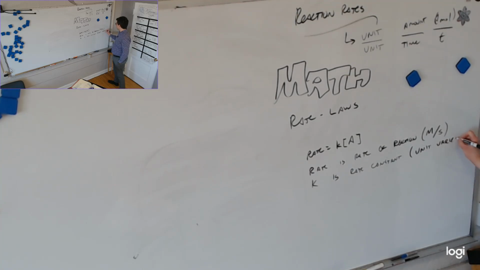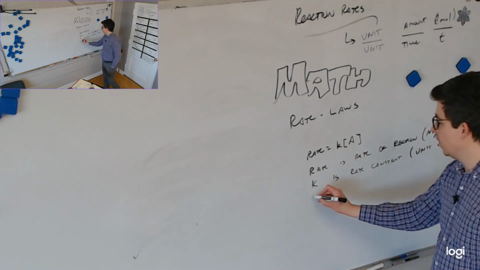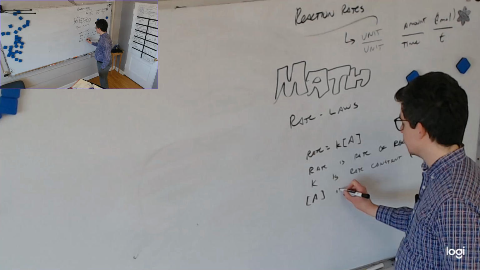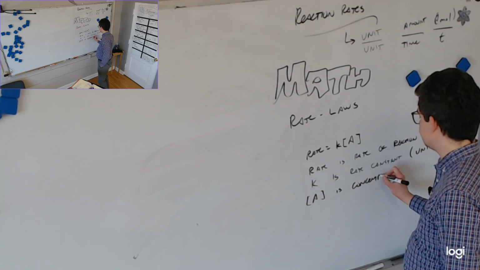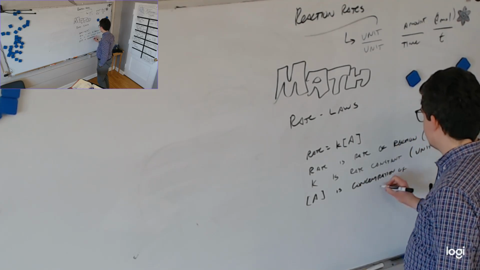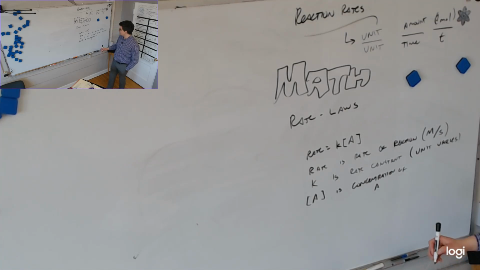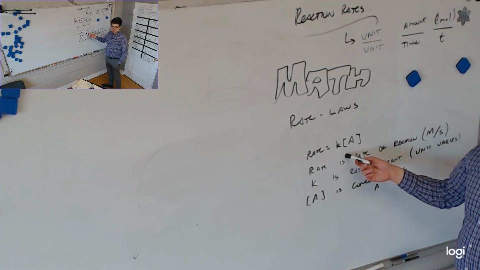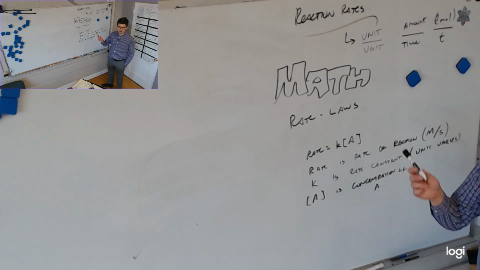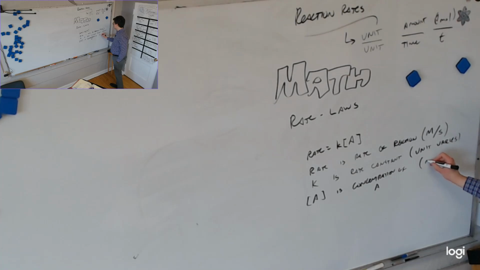It depends on what the A is, where the A in brackets, and the brackets are super important for this, is the concentration of A. In fact, from now on, when you see a substance in brackets, that means the concentration of that substance. And that's going to be measured in moles per liter, or molars.